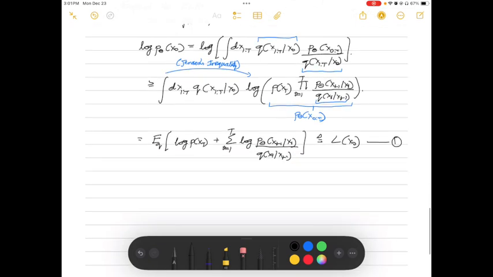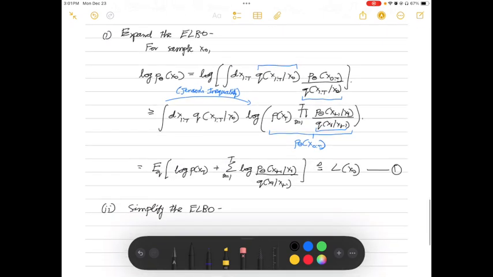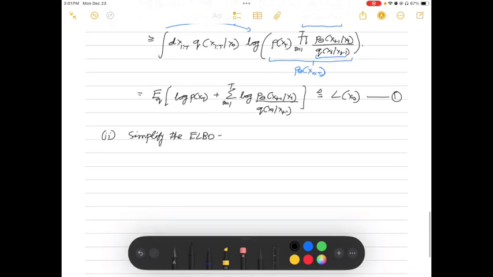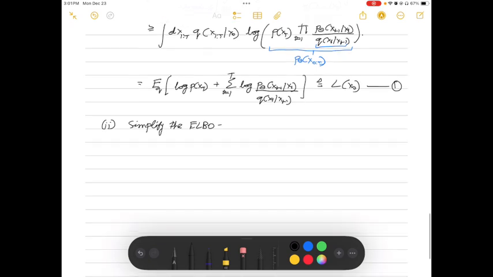And now we're going to proceed to the second step, which is to simplify this objective by simplifying the individual terms inside this ELBO. So the second step is to simplify the ELBO. One thing we can write down before we proceed is the Markov property, which we will need.